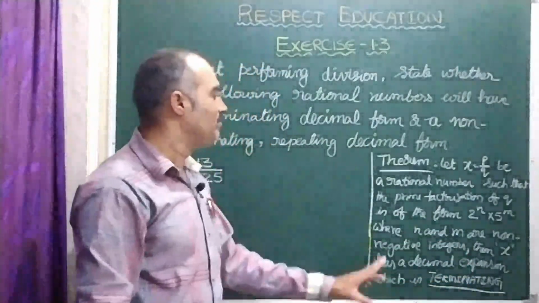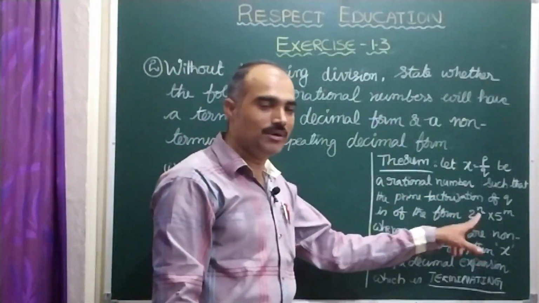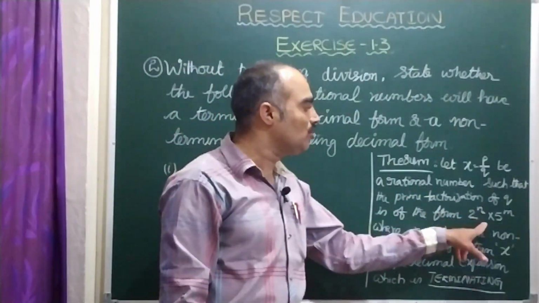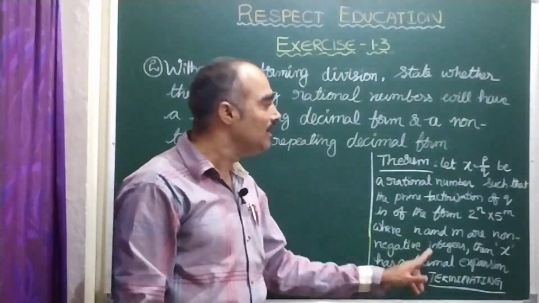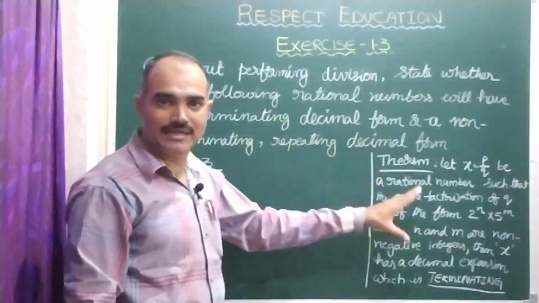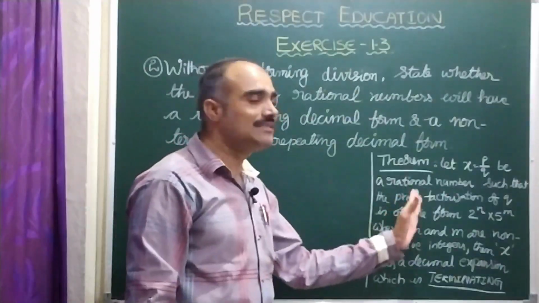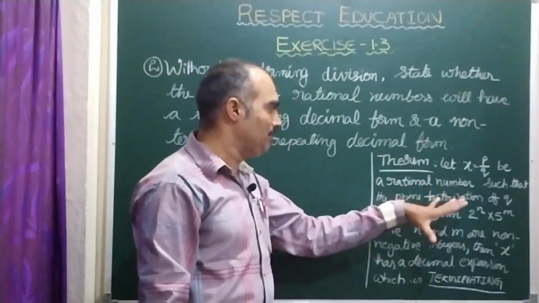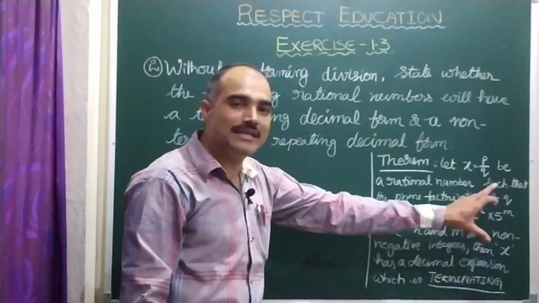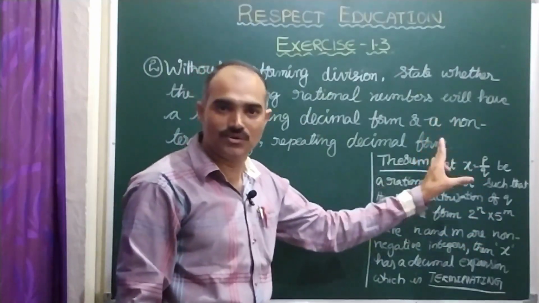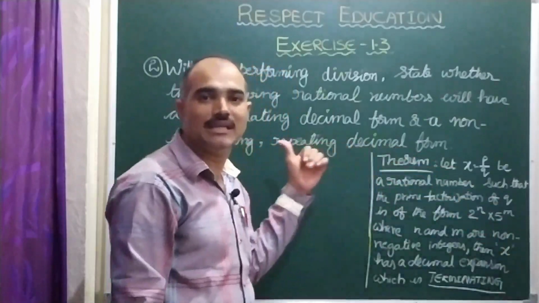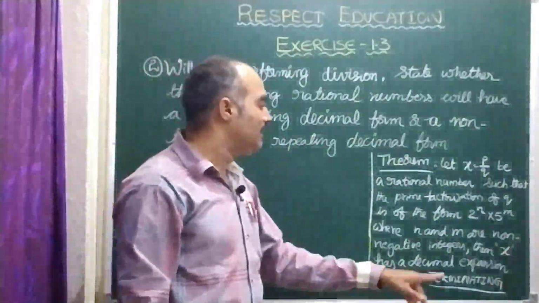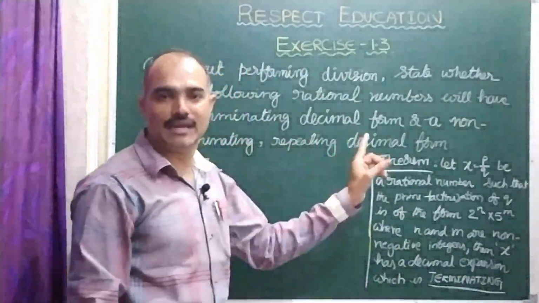If it is not of the form 2 power n into 5 power m, then x has a decimal expansion which is non-terminating repeating. That is given as another theorem, children. Simple: if the prime factorization of q is of the form 2 power n into 5 power m, then it is terminating. If not, then it is non-terminating and repeating.